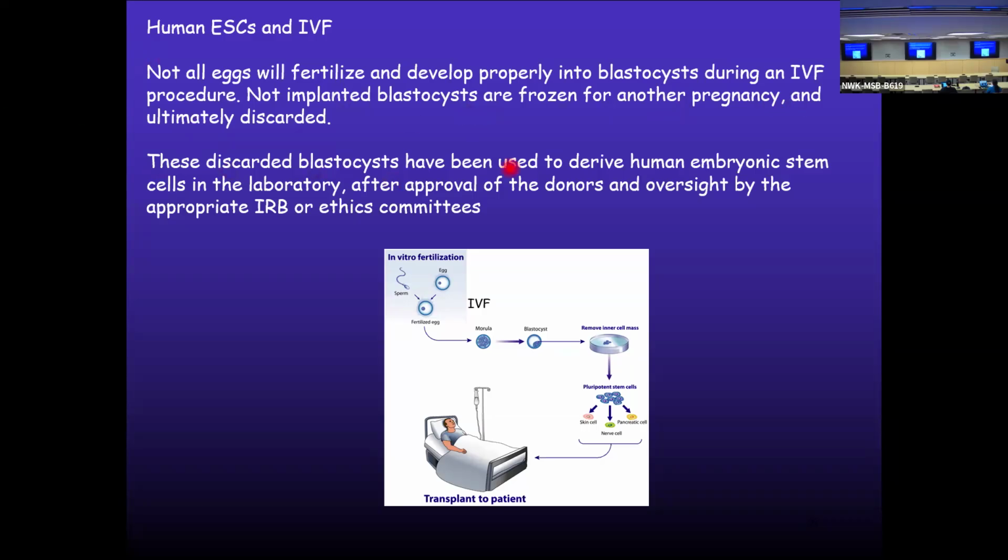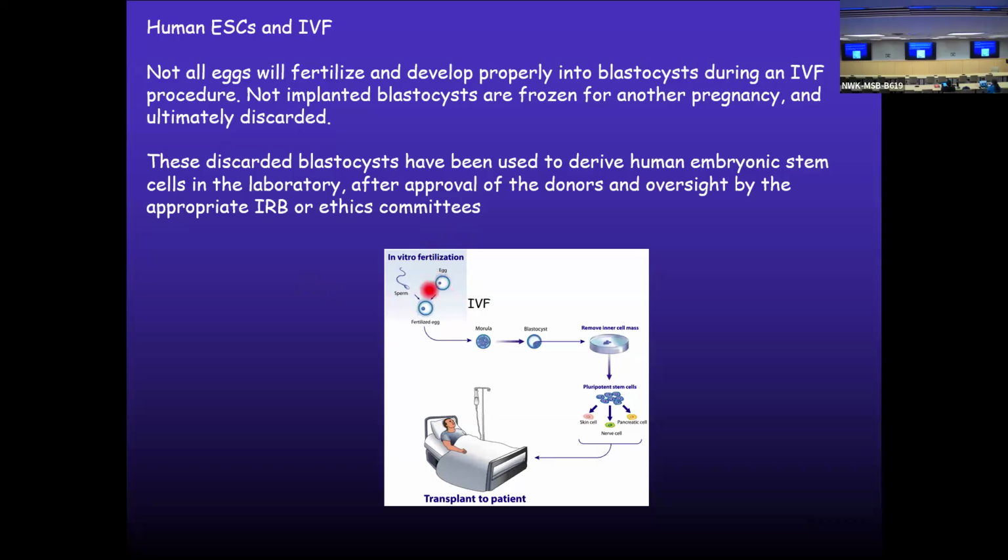These discarded blastocysts have been used to derive human embryonic stem cells in the laboratory after approval of the donors and oversight by the appropriate IRB or ethics committees. And this is essentially a schematic of making embryonic stem cells utilizing in vitro fertilization.